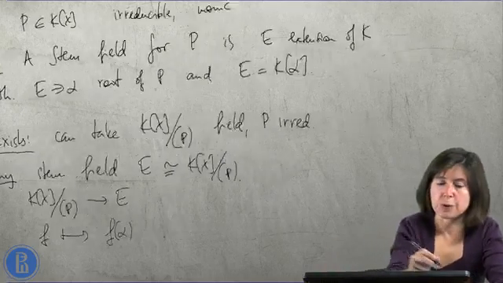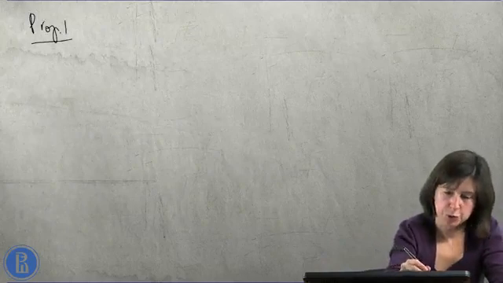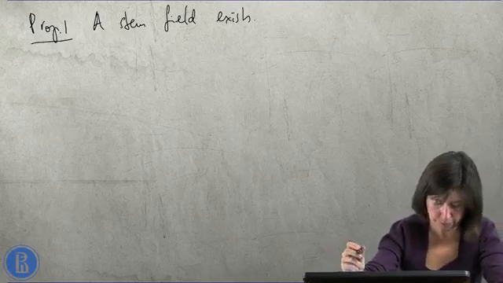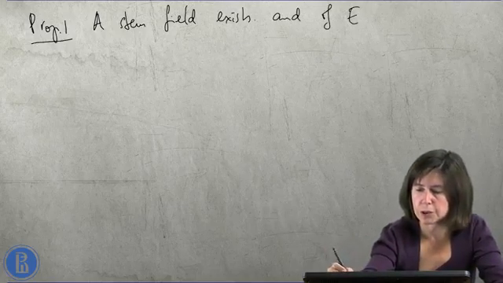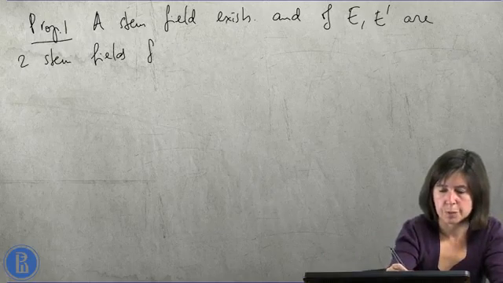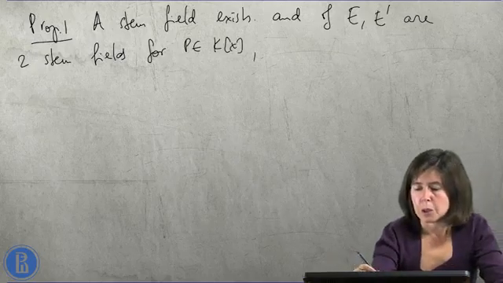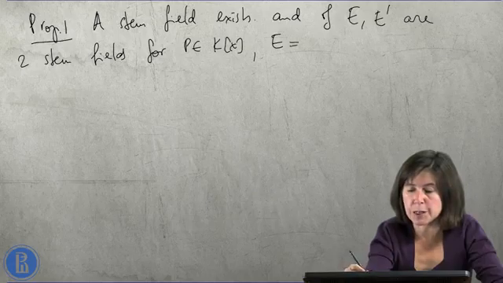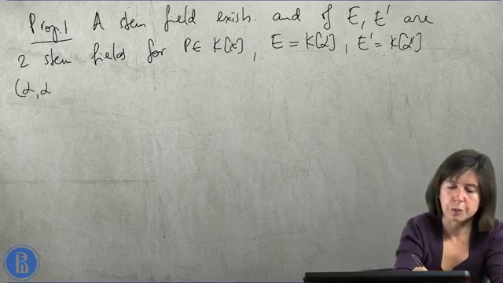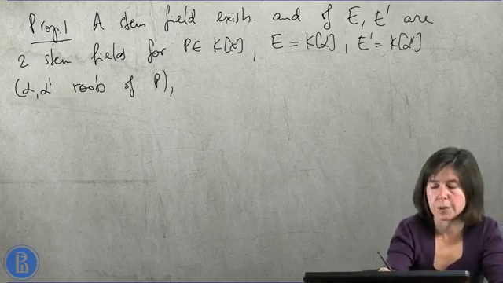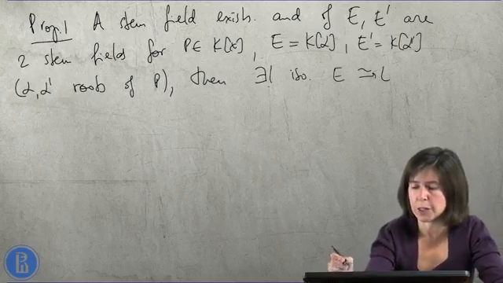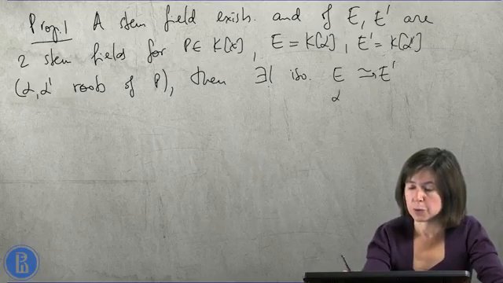To summarize, we have the following proposition. So a stem field exists, and if E and E' are two stem fields for P generated by roots alpha and alpha', where alpha and alpha' are roots of P, then there exists a unique isomorphism from E to E', taking alpha to alpha'.